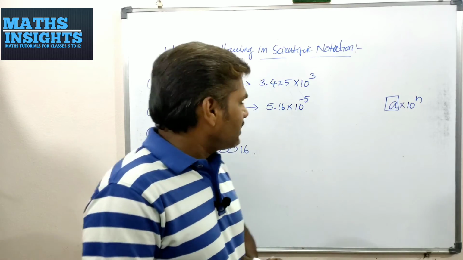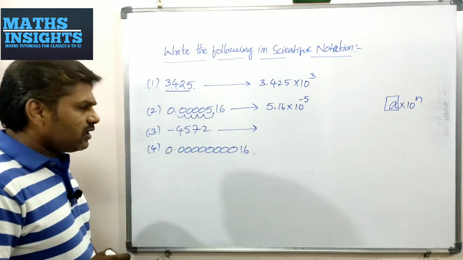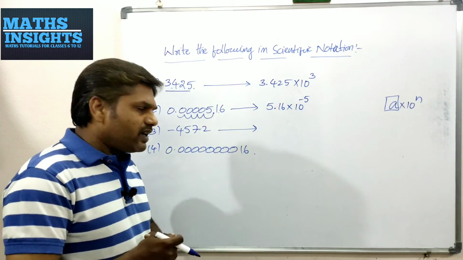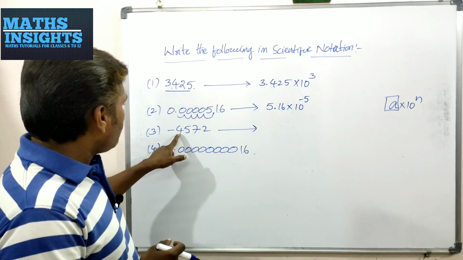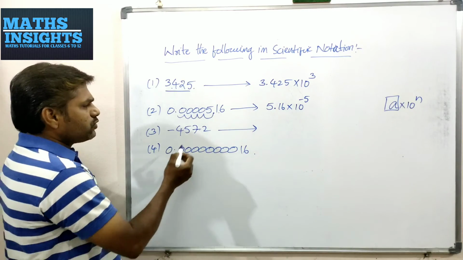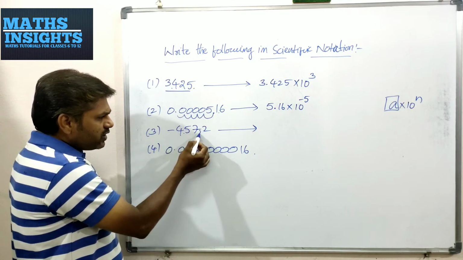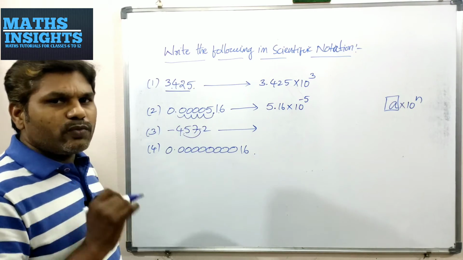Is it? Coming to the third one. This is not a difficult one. Simply I have written minus 457.2. In this case also, you have to move this point from here to here. That means how many places you are moving? 2 places.